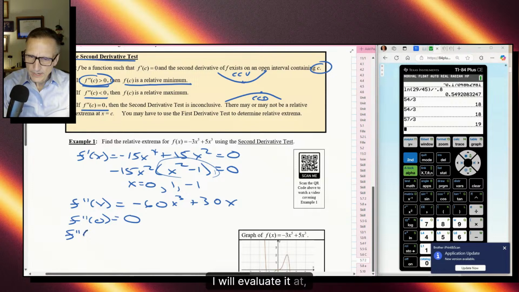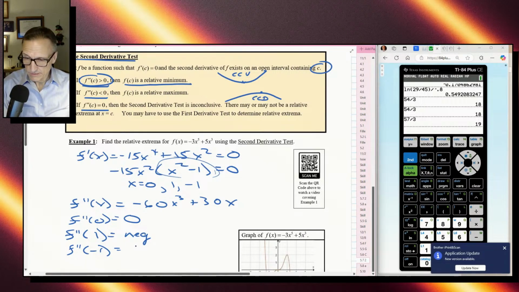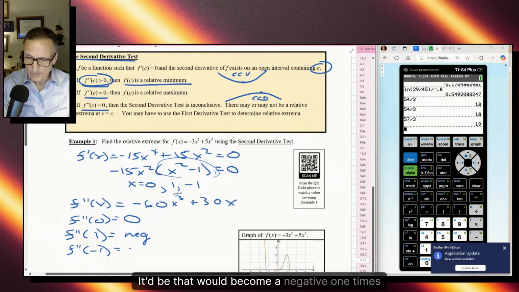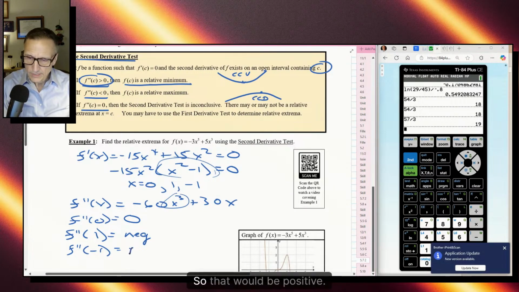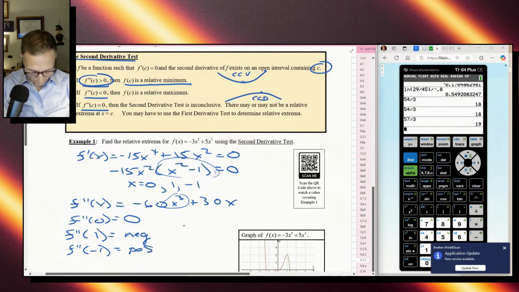I will evaluate it at 1. That would be -60 plus 30, so that's going to be negative. At -1, that's going to be positive. That becomes -1 times -60, which is a positive 60, and then minus 30, so that would be positive.